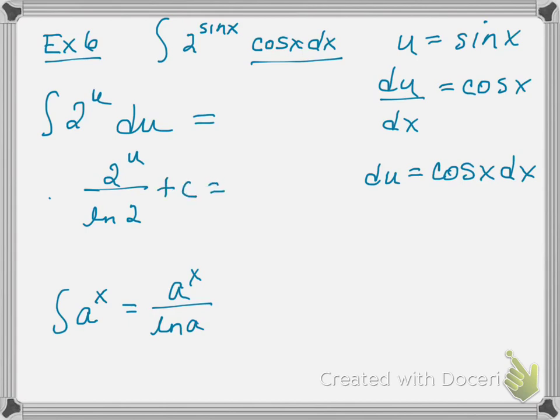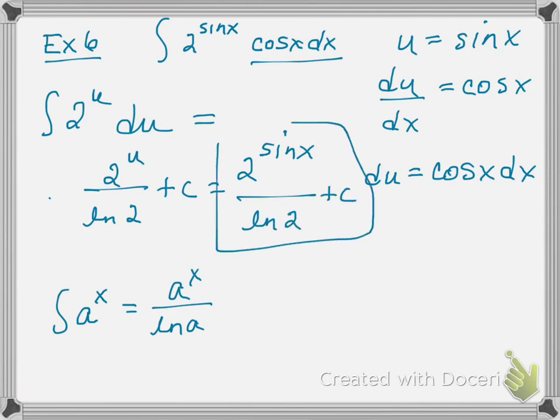Remember u is sine x, so I go back and plug that sine x in, and that is your answer. 2 to the sine x over ln 2 plus c.